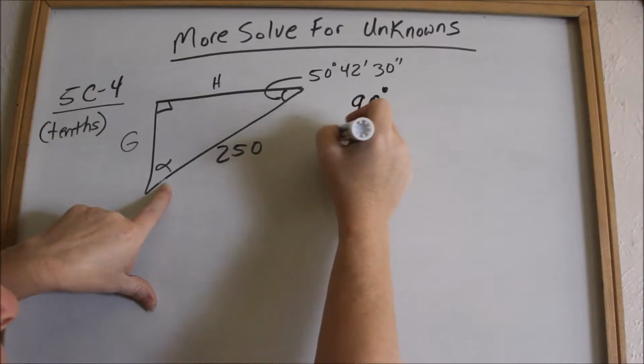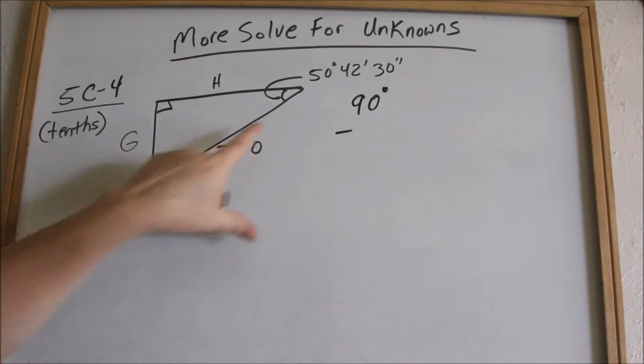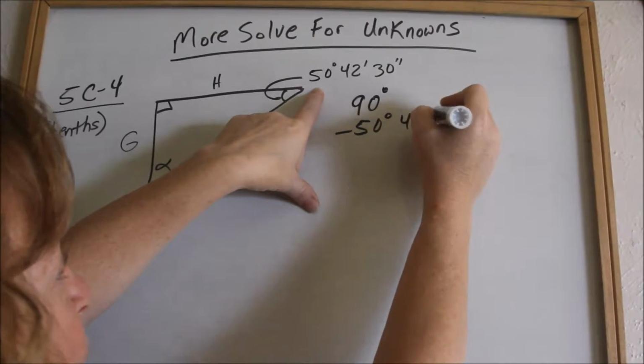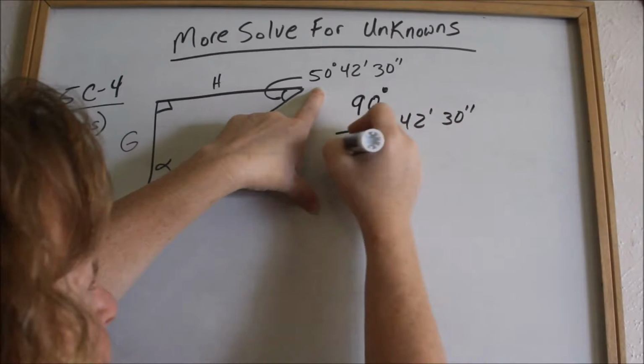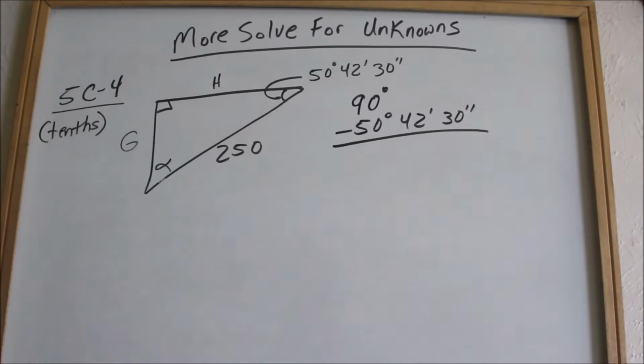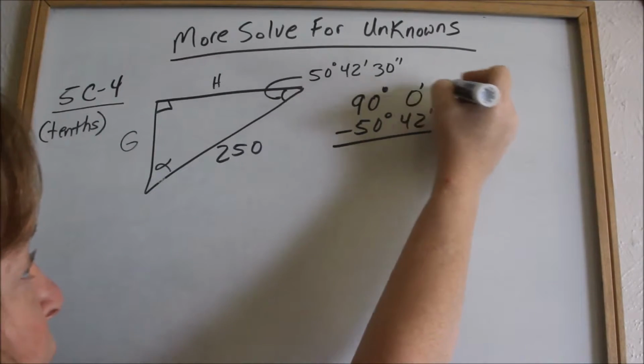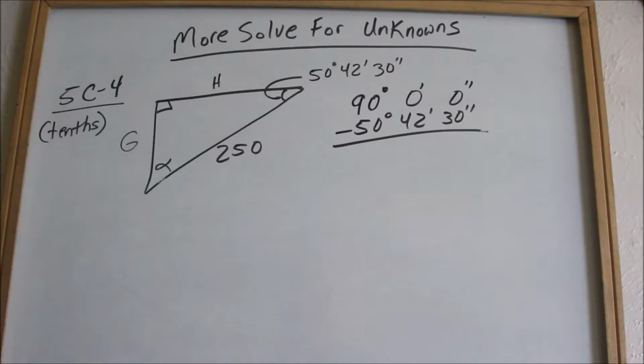We can find alpha by taking 90 minus 50 degrees, 42 minutes, and 30 seconds. Well, I have 0 minutes, 0 seconds. I can't do 0 minus 30 or 0 minus 42.